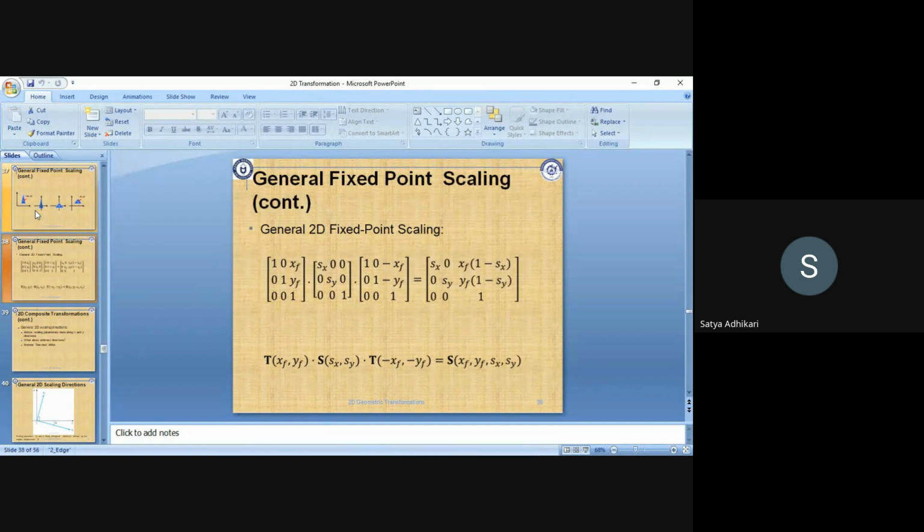In this way, we can scale or rotate an object with respect to any other pivot point other than the origin. We have to translate that to the origin, now it will become easy, then translate back again.